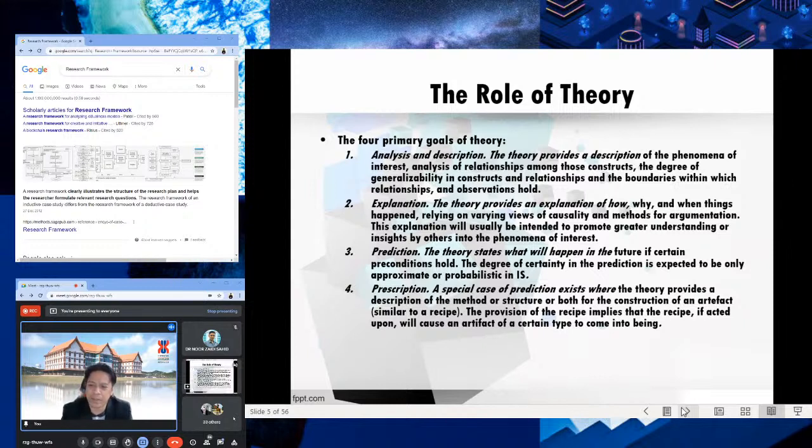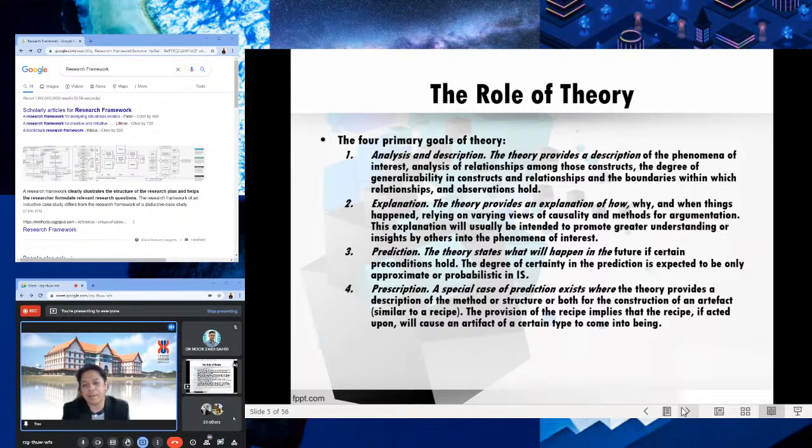These 4 primary goals have differences. For analysis and description, the theory provides the description of the phenomena. From the analysis, we come up with the description, or we interpret the findings through the analysis, and we can describe something in terms of theories.